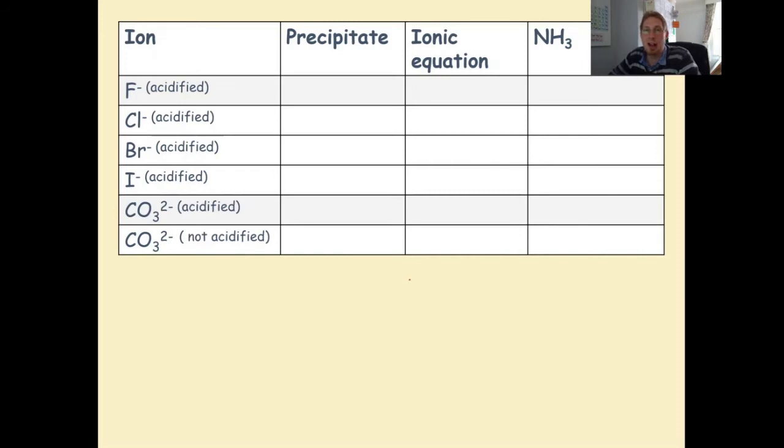Another reaction that was very similar to some tests you did at GCSE is reacting these things with silver nitrate solution. So if you react fluoride, chloride, bromide, iodide with silver nitrate solution, what would you see? And you also did carbonate as well.